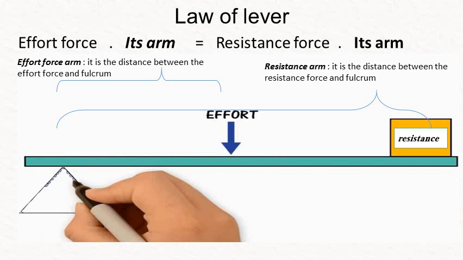Don't forget each distance must be in the same unit: meter, centimeter, or kilometer. If the resistance arm is in centimeter, the force arm should be converted to centimeter. If the effort force arm is in kilometer, the resistance arm should be in kilometer.